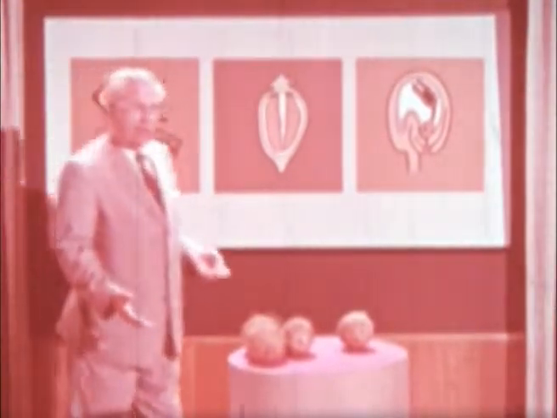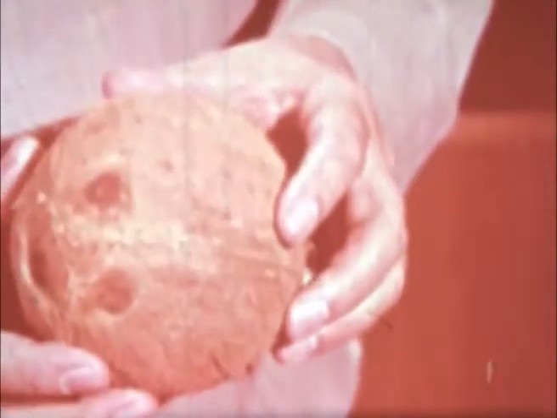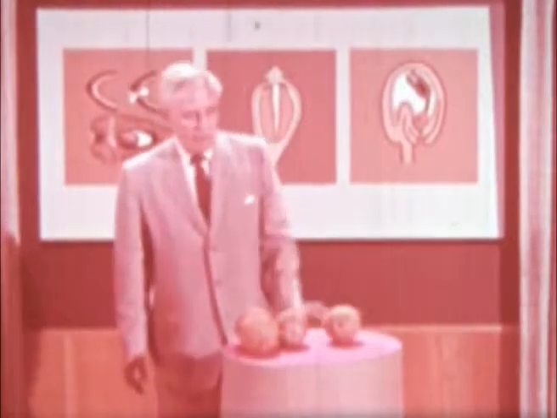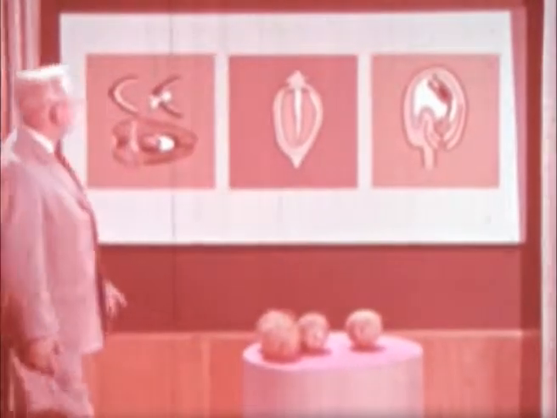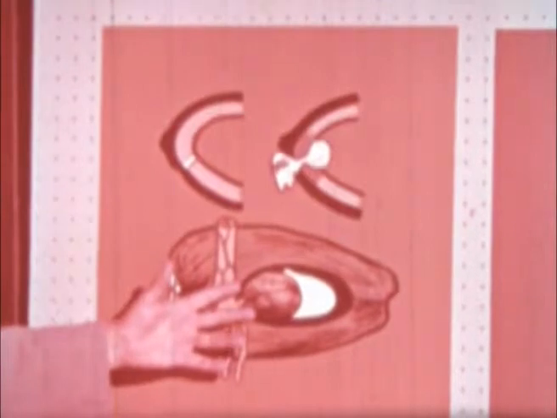But now let's turn to a very special and a very useful case, namely the coconut. This very large structure has in it a large amount of liquid, the so-called liquid endosperm. Here we see the nut in its outer husk, which falls on the ground.